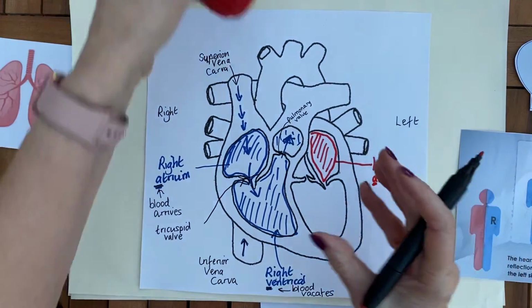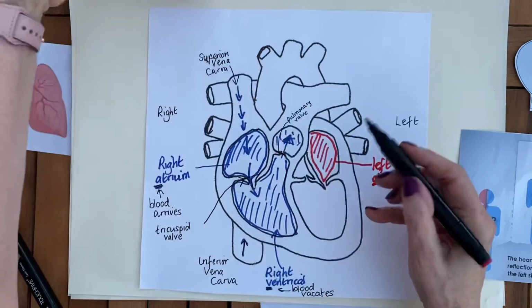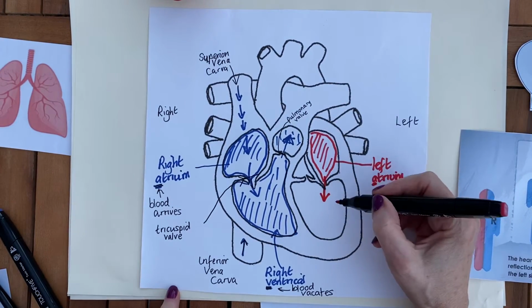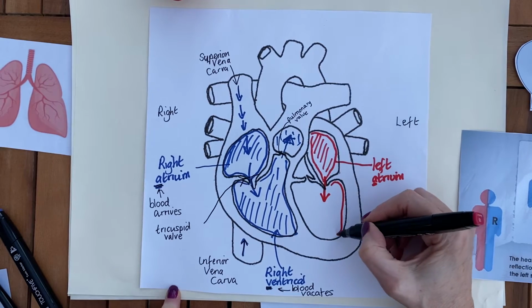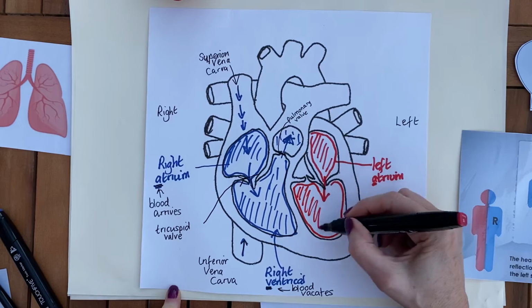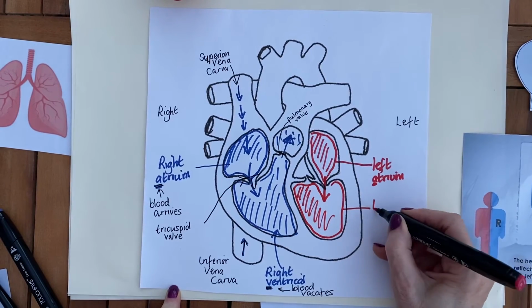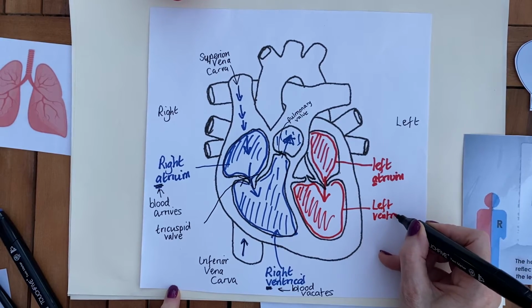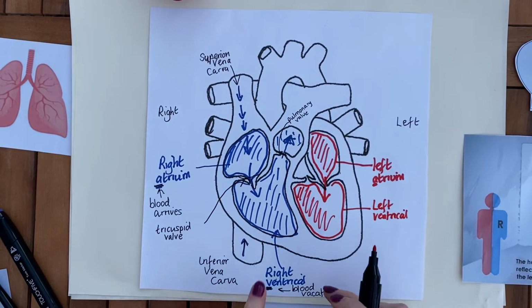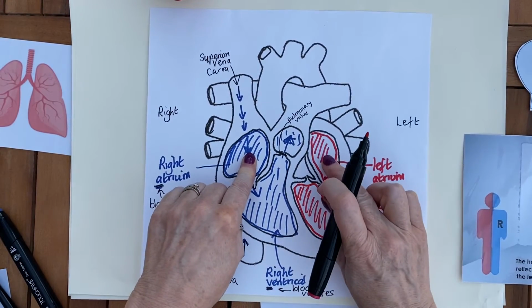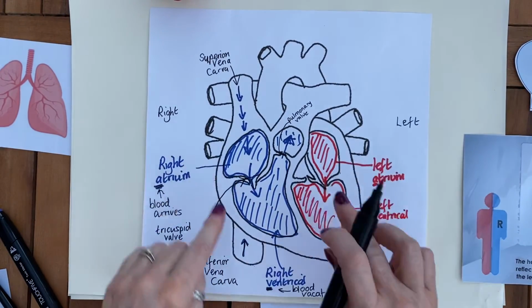The heart then will contract at the top, forcing that blood through this gate that will shut behind it. And that is then in this bit here, which is called the left ventricle. Okay, so you've got the right ventricle, the left ventricle, you've got the right atrium, you've got the left atrium, which is not your left and right.